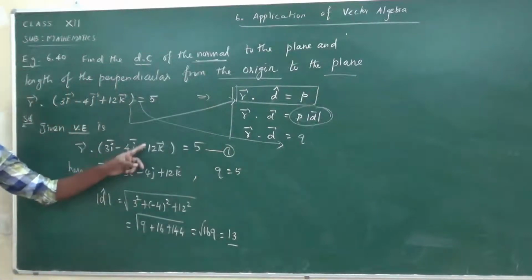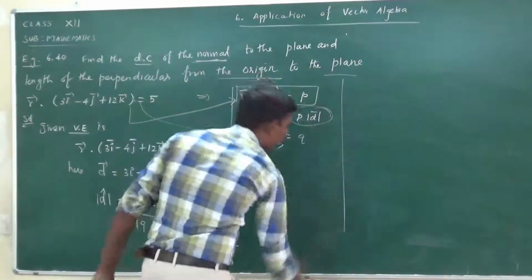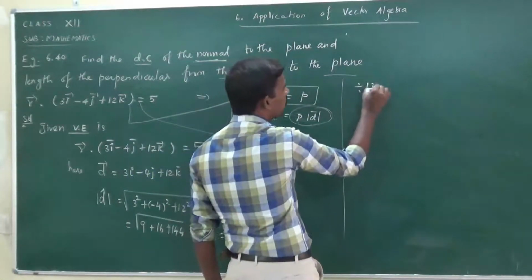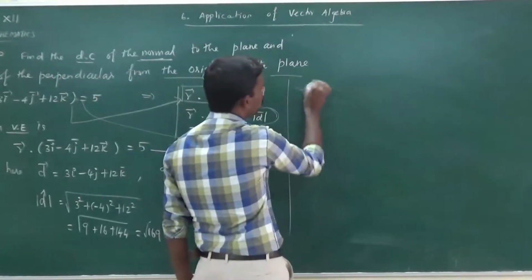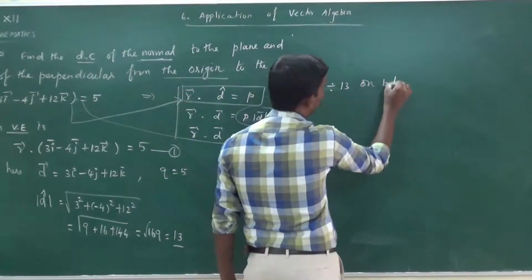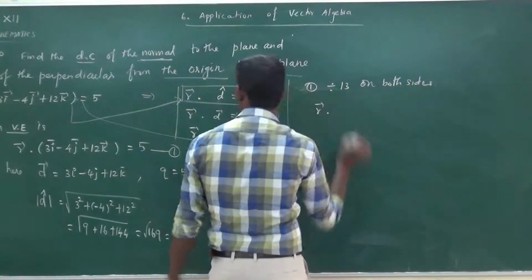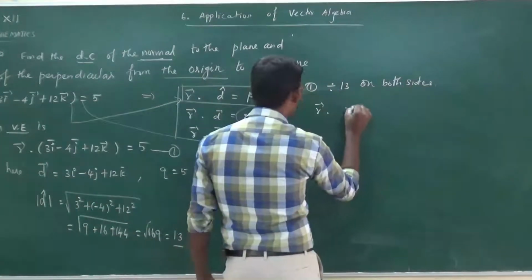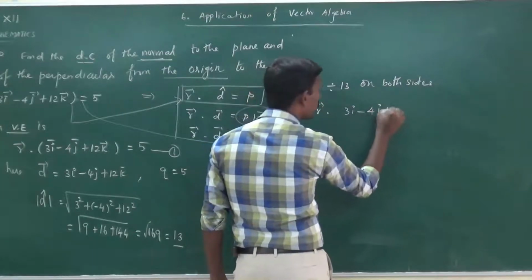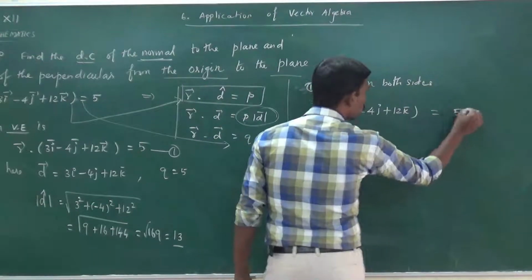Now first equation, divide by 13 on both sides. What do you get? r vector dot 3i vector minus 4j vector plus 12k vector, which is equal to 5, divided by 13.